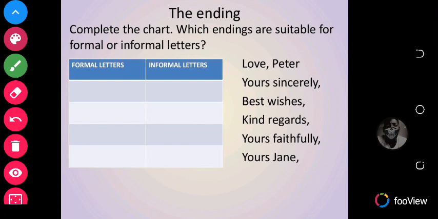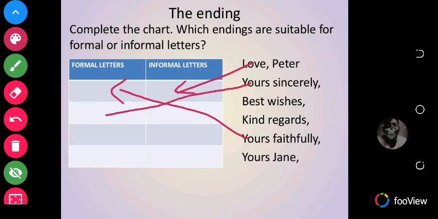So the ending, complete the charts with which endings are suitable for formal letters and informal letters. So let's look at it. So for formal letter, something like yours faithfully would go for a formal letter, and something like love Peter will be informal letter.